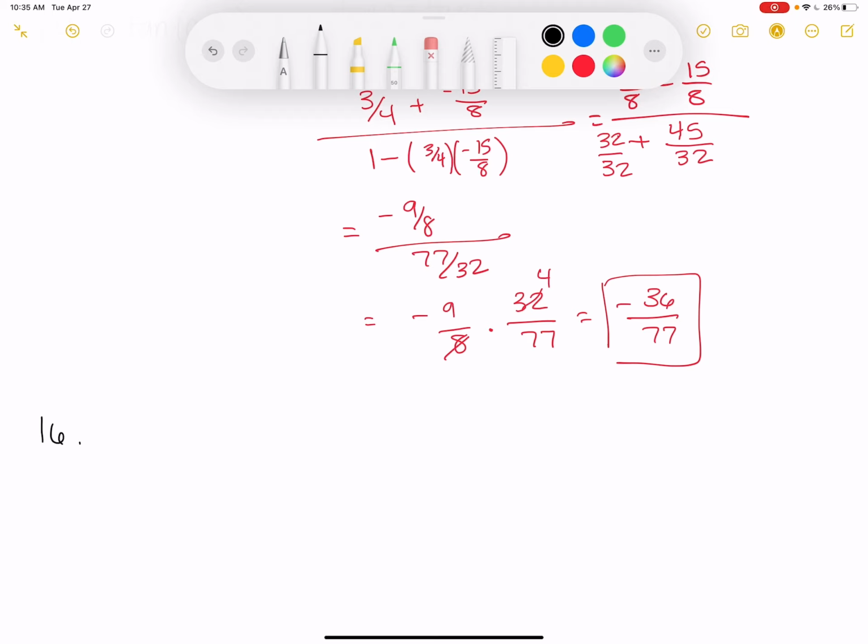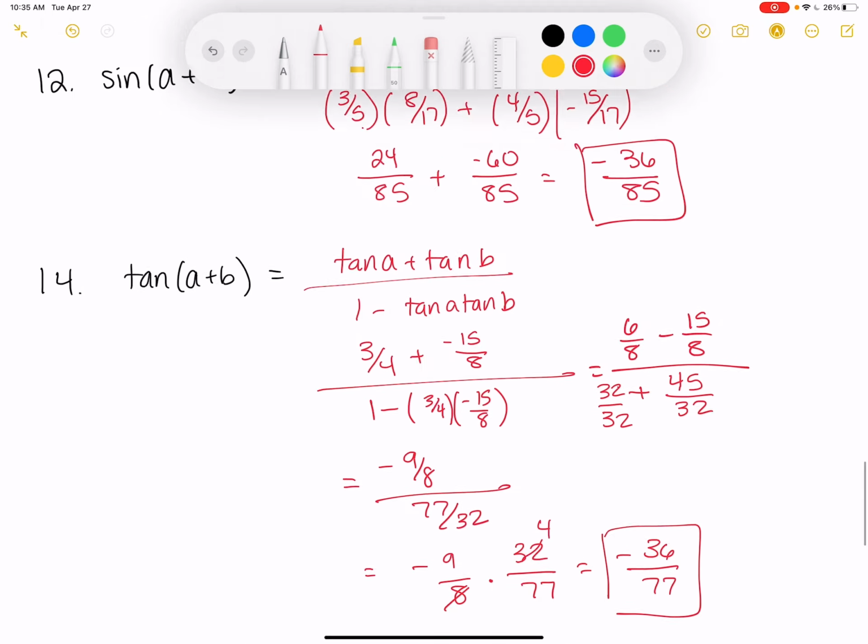All right, 16 is the cosine of A minus B. And what is the formula for that? Cosine of A times cosine of B plus sine of A times sine of B. All right, and then I've got to go back up.